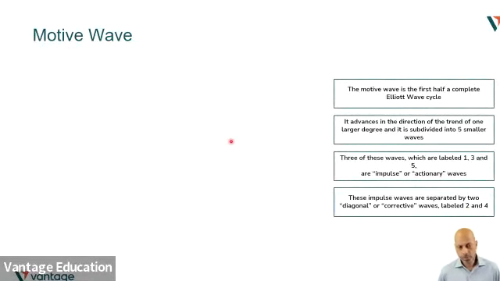Okay. So as I mentioned earlier, Elliott wave is made up of two major components. We have the motive wave, which is the first half, and then we have the corrective wave. So the motive wave is the first half of a complete Elliott wave cycle.